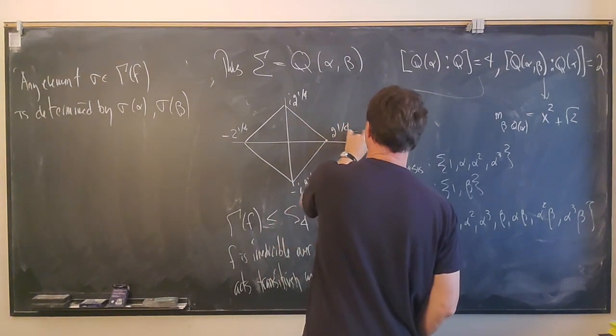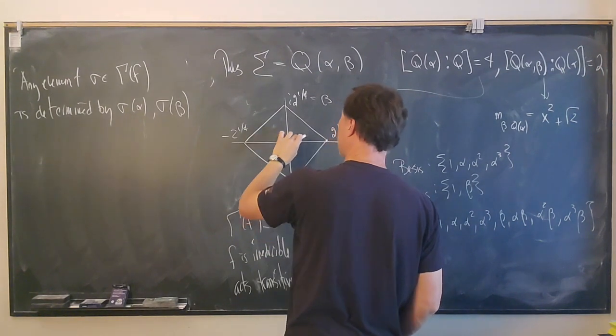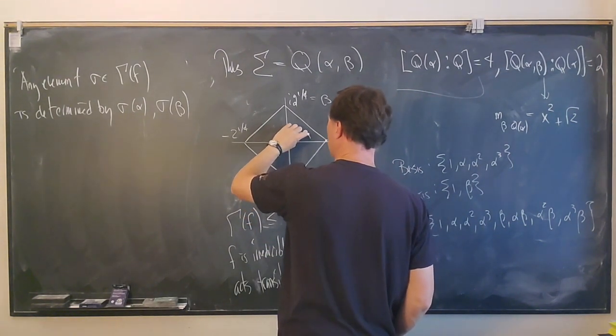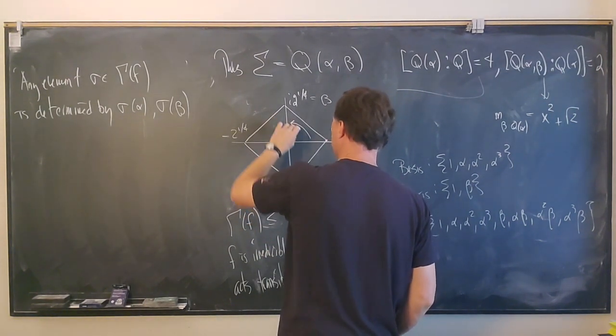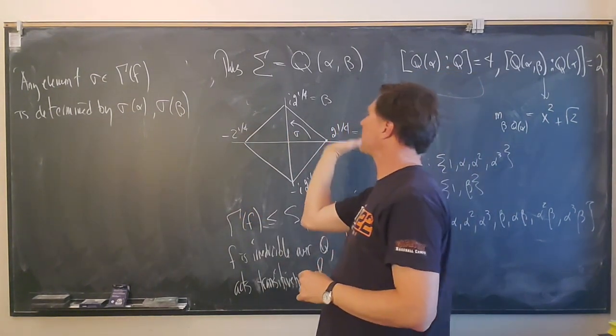Remember, this is alpha, that's beta, and now let's think in terms of the dihedral group. We knew that the answer in the end is the dihedral group. Call that one sigma. What does it do? It takes alpha to beta.